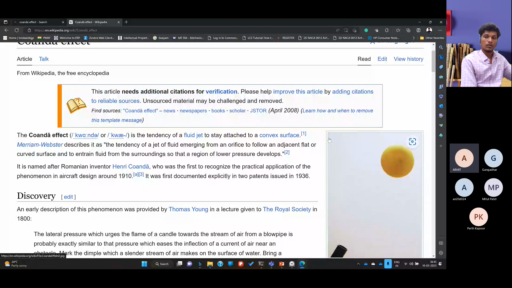Yes, sir. Am I audible? Yes, you are audible. I am saying that if we connect this Coanda effect, we can see the application in the case of airfoils.